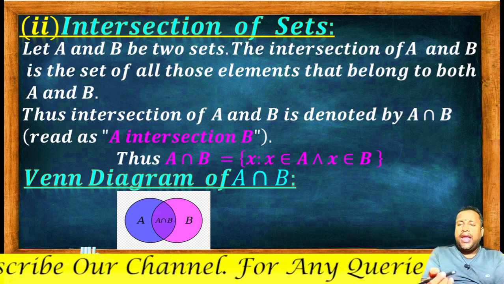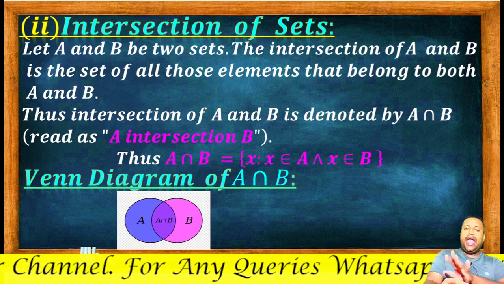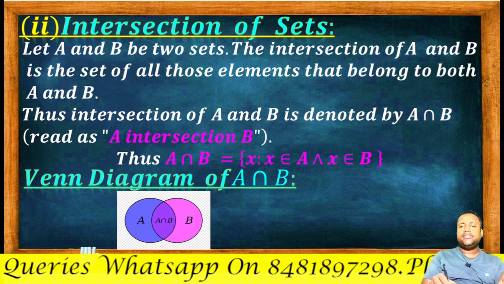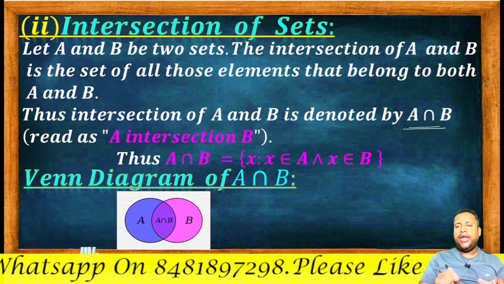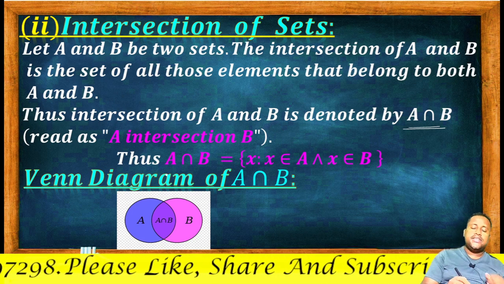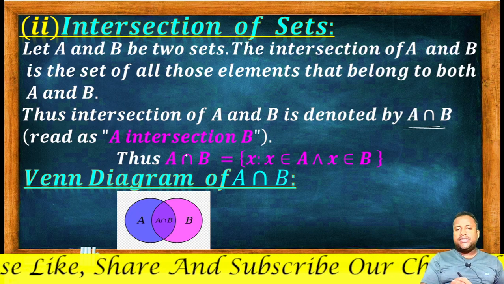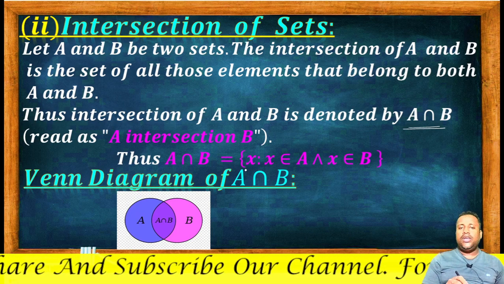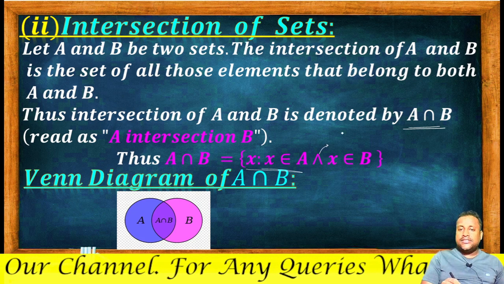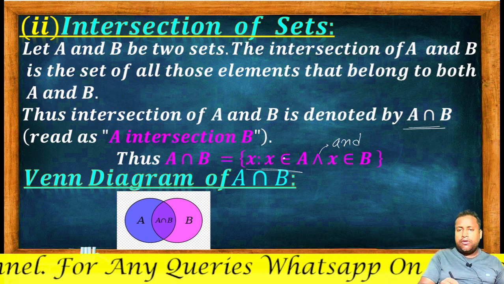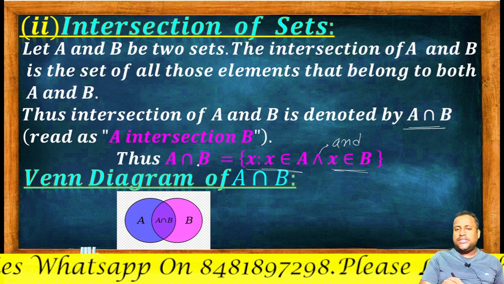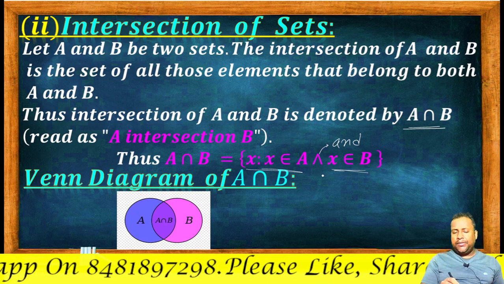The intersection of A and B is also a set, and it is denoted by the symbol A ∩ B, read as A intersection B. By the property method, it is {x such that x belongs to A and x belongs to B}, and this is the symbol of AND. So this is the property representation.